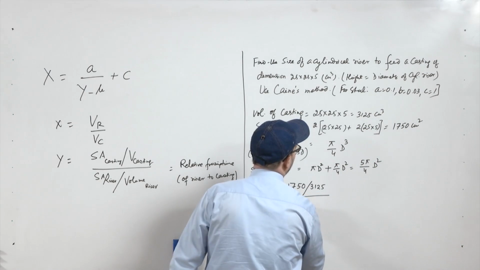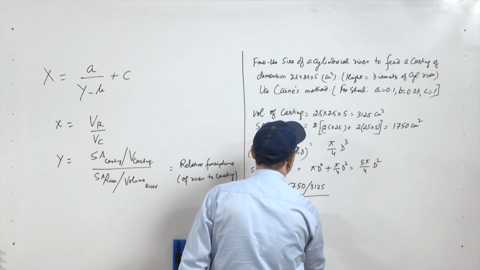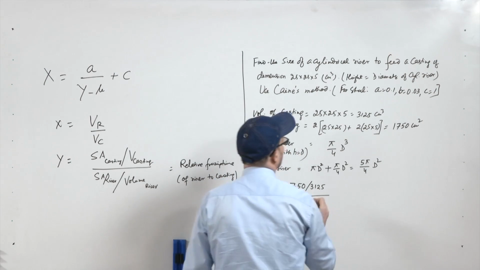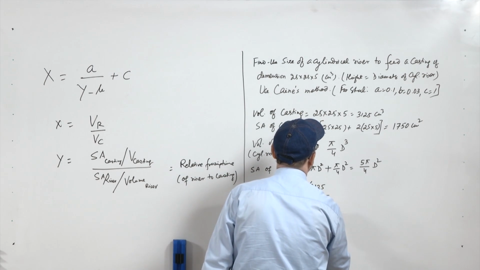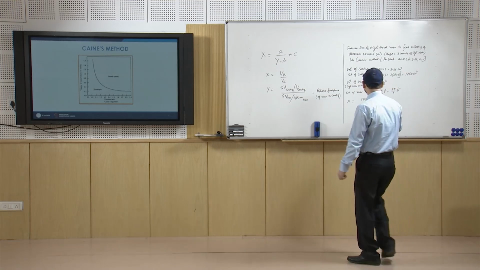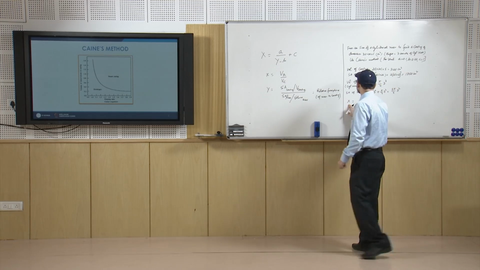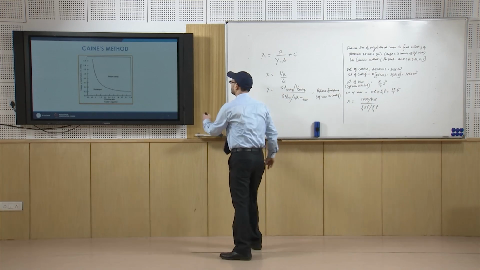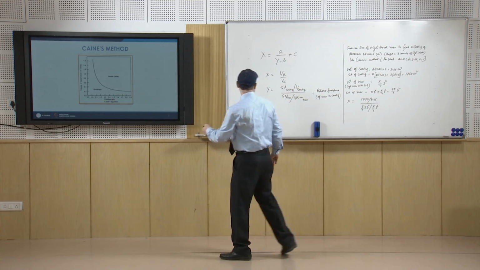So, that will be 5 by 4 pi d square divided by pi by 4 d cube.